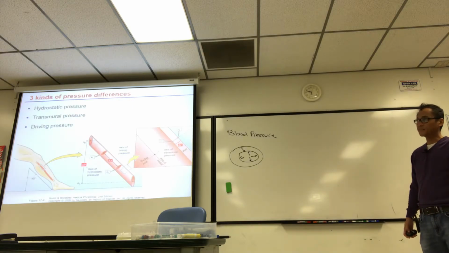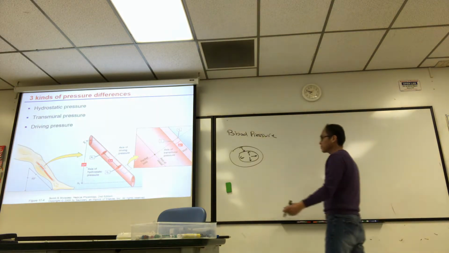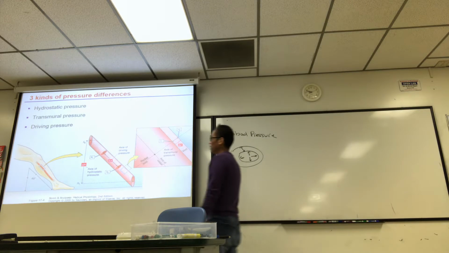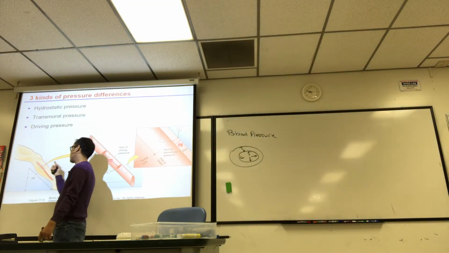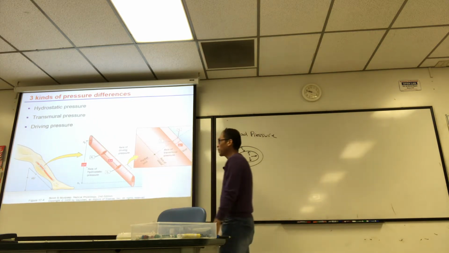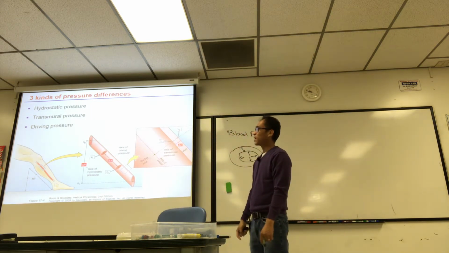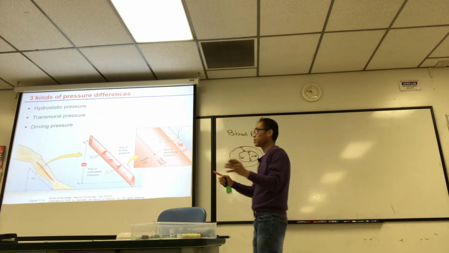So there's three kinds of pressure that we define: hydrostatic, transmural, driving pressure. And they use this vessel in the leg at a certain angle, and they just take a section of it and you kind of make a free body diagram out of it. And the thing about pressure that we like students to understand, pressure is always the pressure difference between 2 points.